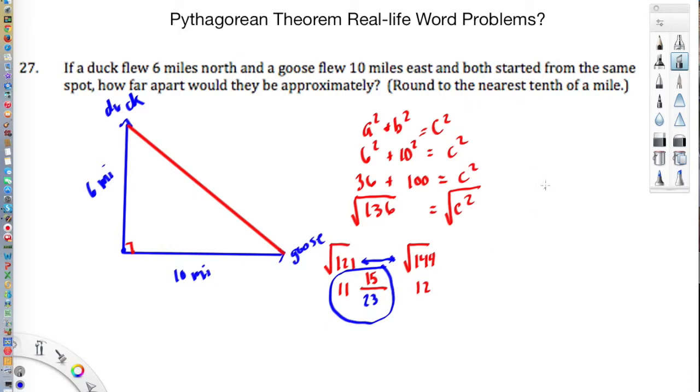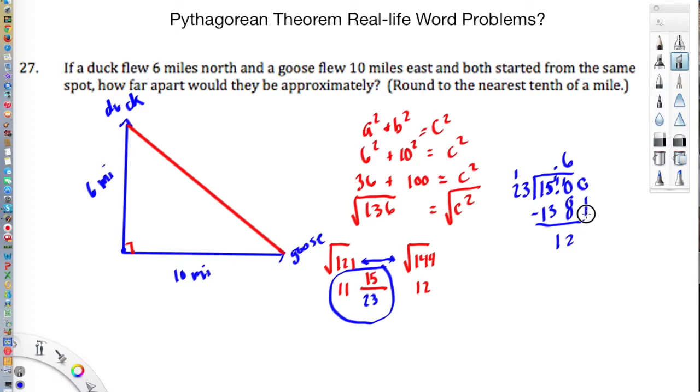So I need to do one more step. I need to take 15 and divide it by 23, which will give me a decimal, and then I can round to the nearest tenth. 23 will go into 150 approximately 6 times, I believe. 6 times 3 is 18. Oops, forgot my decimal point. Carry the 1. 6 times 2 is 12 plus the 1 is 13. I subtract, and I'm going to get 12.